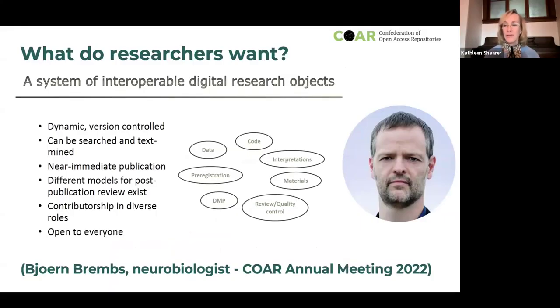But researchers, if you ask them what they really want, they just really want to have access to a variety of content in the ecosystem so that they can build their research on that content. So they want to be able to have access to data, to all articles immediately, to the peer reviews so they can see whether they agree with a peer review of articles, to software and so on.